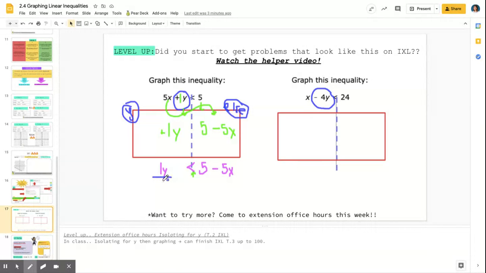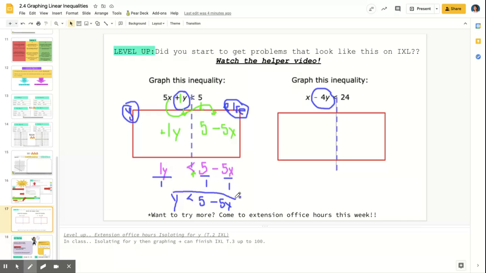So I'm just going to divide everything by that 1. And my new inequality is going to be y, I bring down my symbol, 5 divided by 1 is 5, 5x divided by 1 is still just negative 5x.